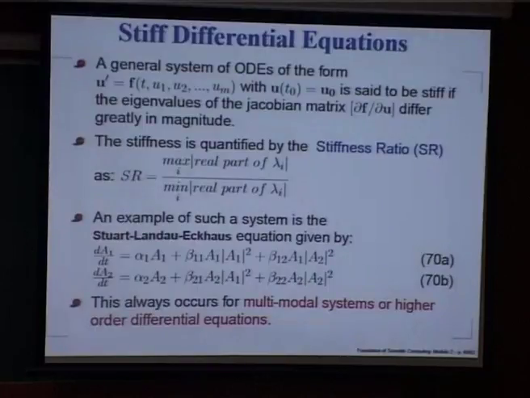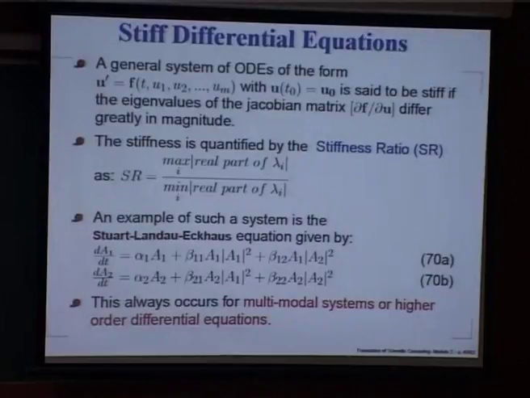As an illustration we talked about the Stuart-Landau equation, where these A's are complex quantities that you are looking at. So are these coefficients alpha i and beta ij, they are all complex quantities. If we remove the coupling term, the last term here, or this middle term here, then the problem becomes somewhat easier.